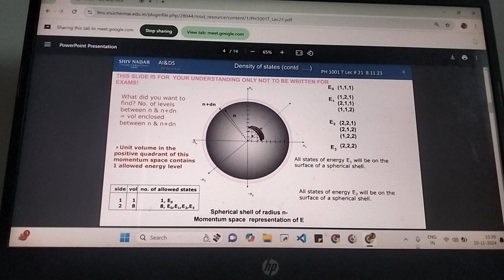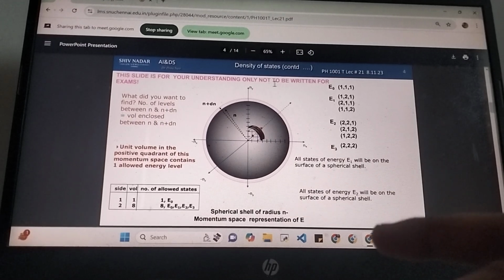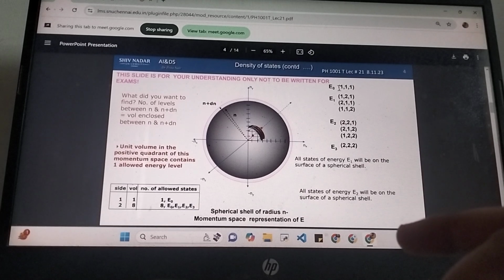What do I mean by a sphere of energy E? It is the surface of a sphere such that any point on that surface has energy E. So let's say I'm talking about energy 3h squared by 8 ml squared.